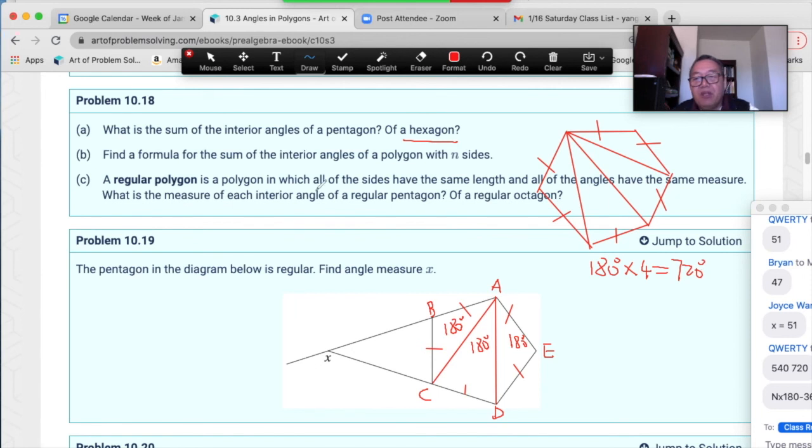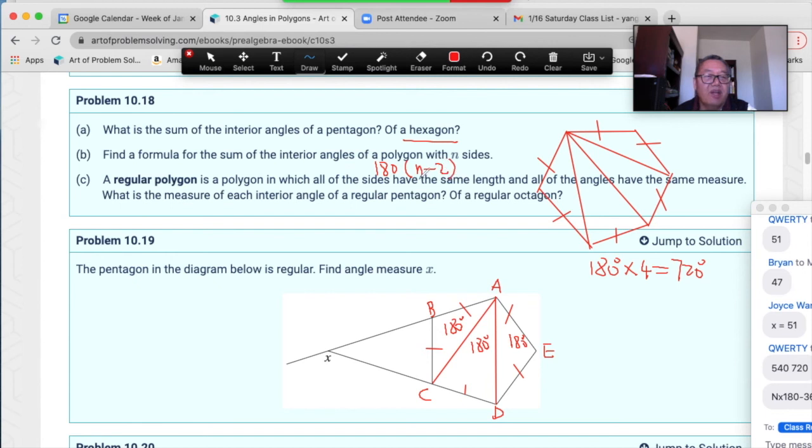Now, part B: find the formula for the sum of the interior angles of a polygon with n sides. That should equal 180 times n minus 2 degrees.